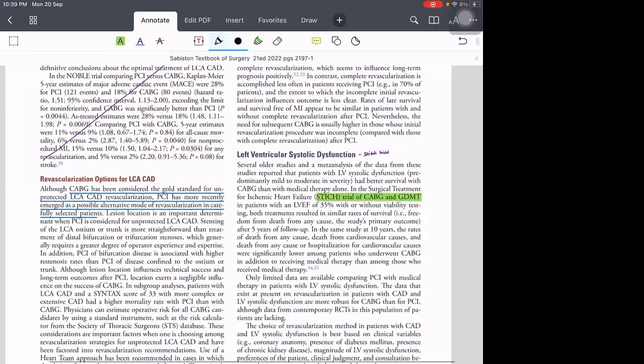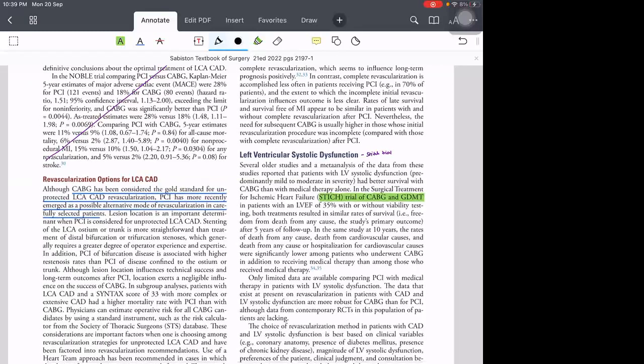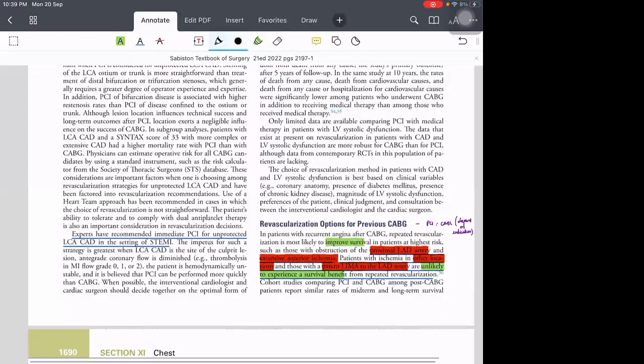So then, revascularization options for LCA-CAD. LCA-CAD means coronary artery disease of the left coronary artery is present. What they're telling is, although CABG is the gold standard, now PCI is an emerging alternative mode for revascularization in some patients. Just go through this.